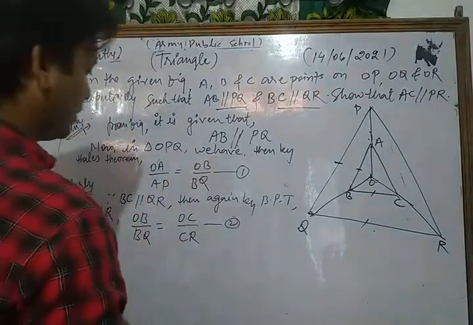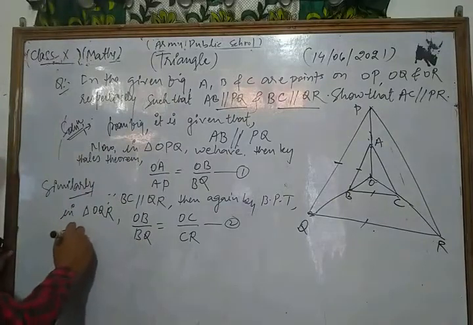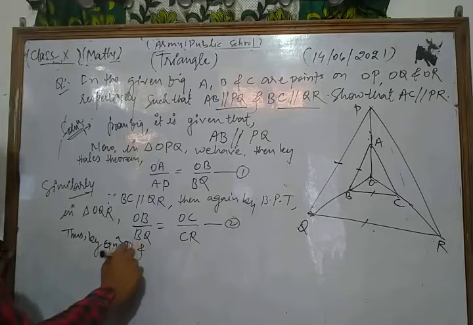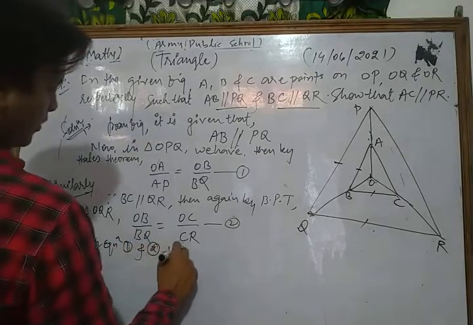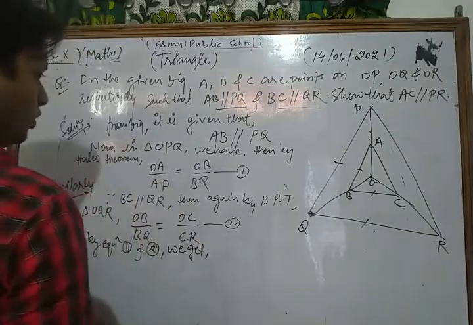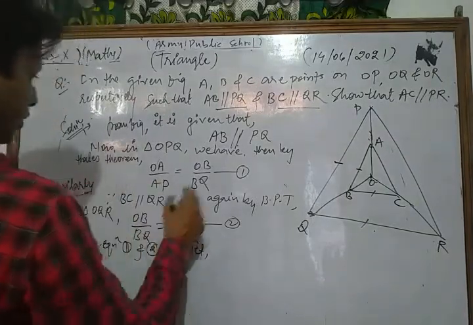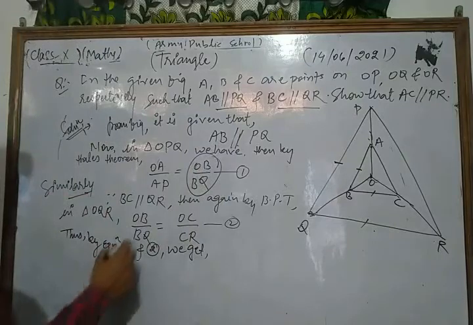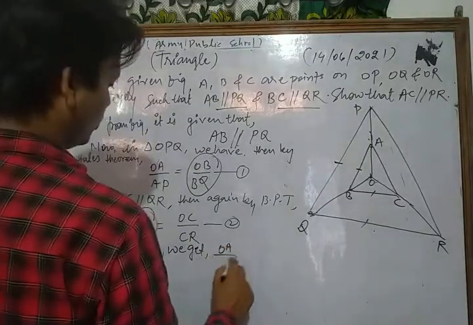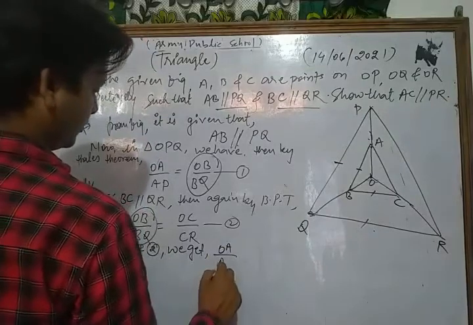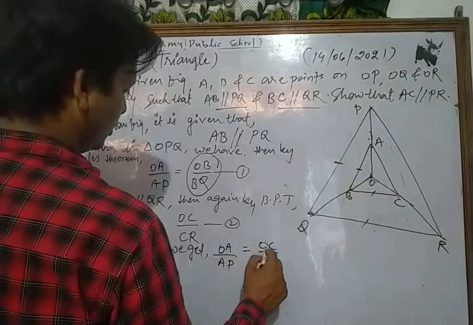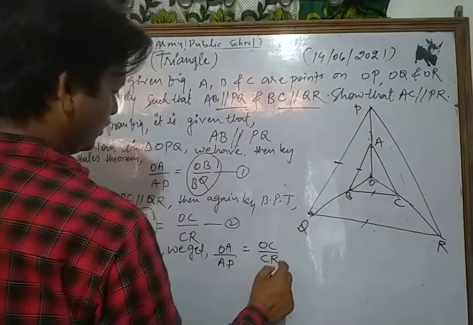Thus by using equations 1 and 2, we get OA upon AP is equal to OB upon BQ, and this is also equal to OB upon BQ. So we have OA upon AP is equal to OC upon CR.